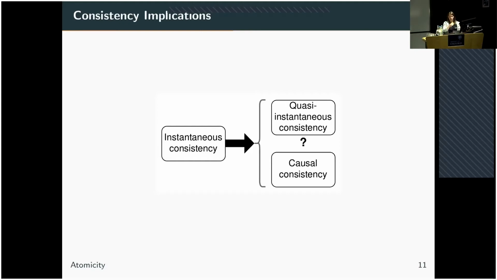And if we have this vertical line, there can also be no arrows from the future into the past. What is more interesting is the relationship between quasi-instantaneous consistency and causal consistency.